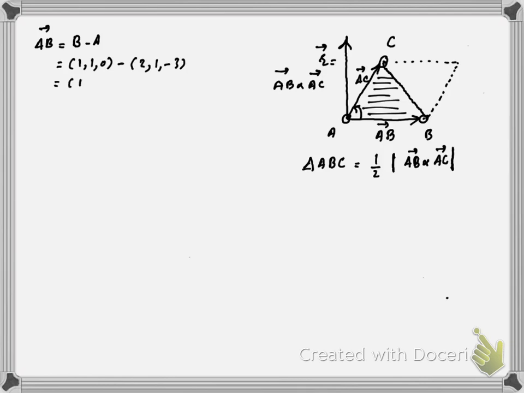Which is equal to 1 minus 2, 1 minus 1, 0 minus minus 3. It is equal to minus 1, 0, 3. It is equal to minus i cap plus 3k cap.